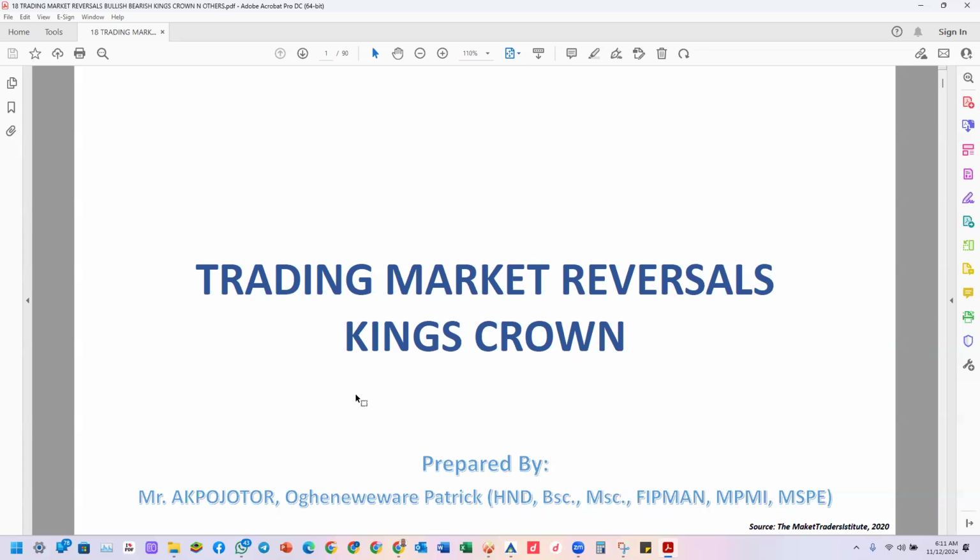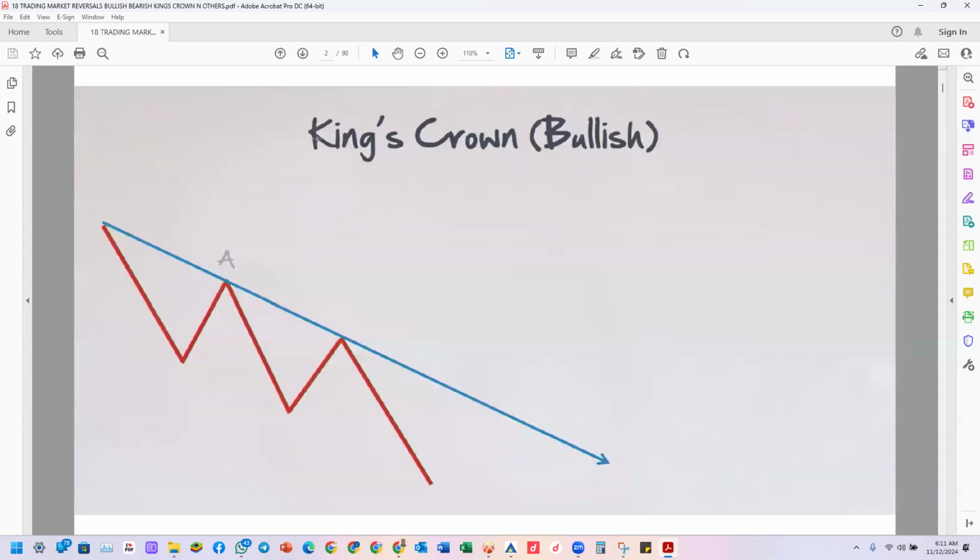We'll talk about the MTI King's Crown, okay? And in the MTI King's Crown, we did mention that there is a bullish King's Crown and there is a bearish King's Crown, right? There is a five-step process to forming this.